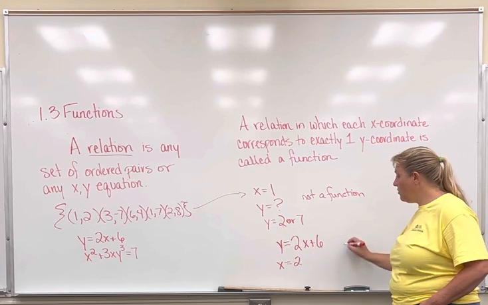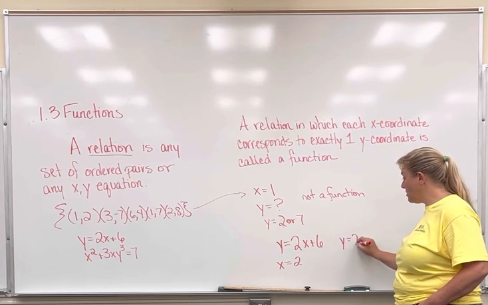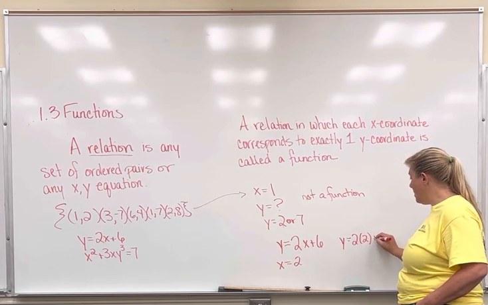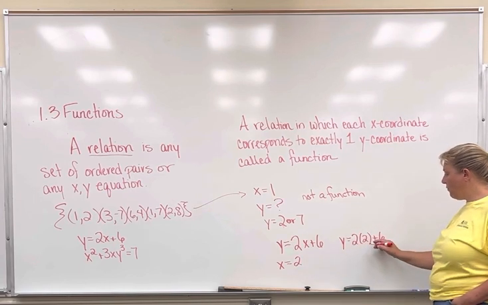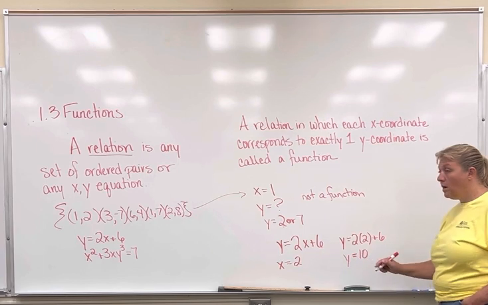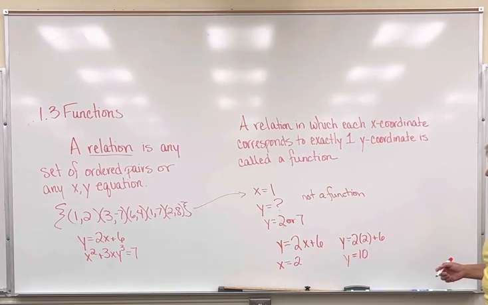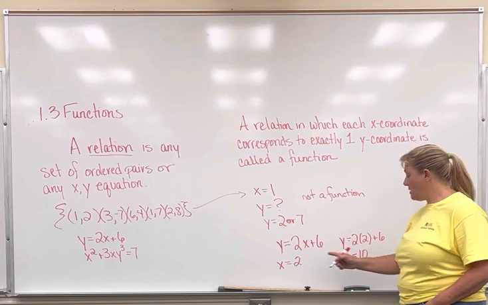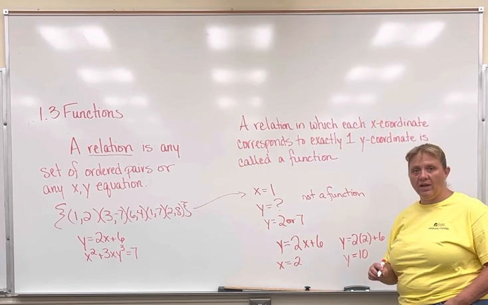So as soon as I give you the x, you can say y equals 2 times 2 plus 6, so 4 plus 6, so y equals 10. So it might take a little bit of math to get there, but as soon as I give you an x, there is one y coordinate that goes with that.